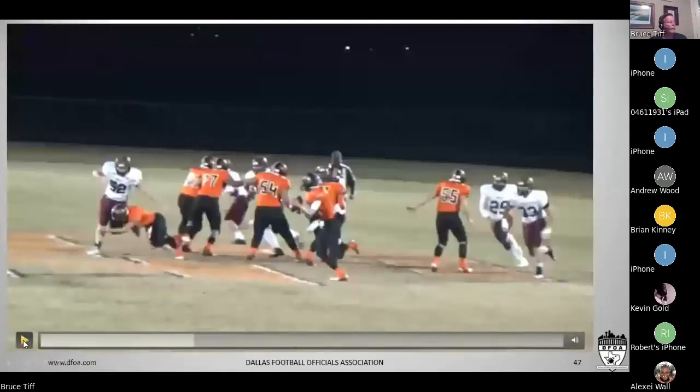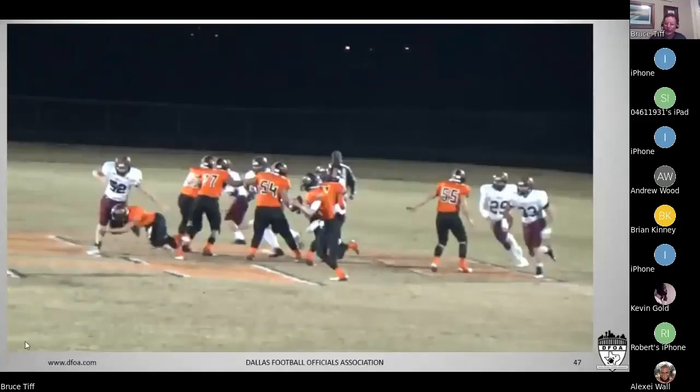It's very close. When in doubt, it is a block below the waist. He was restricted. He doesn't get that full 9 to 3. If that would have been one of the linemen and they blocked that way, that would have been perfectly fine, ball still in the tackle box. And at this point, in my judgment, I would have no problem if you threw a flag on this for an illegal block below the waist.